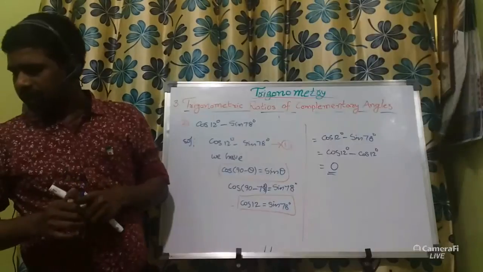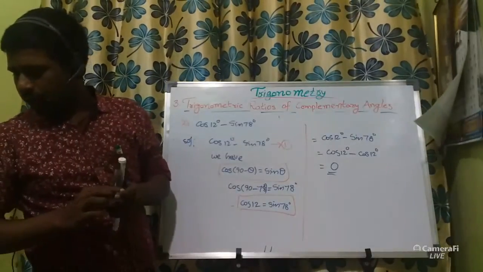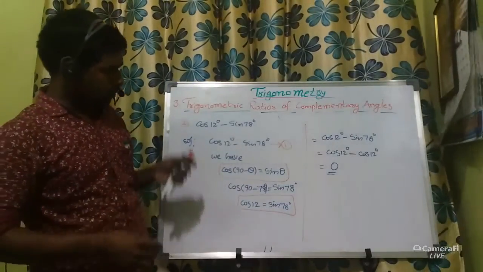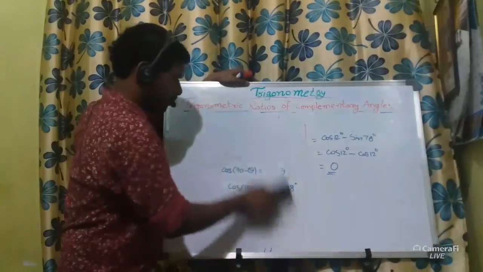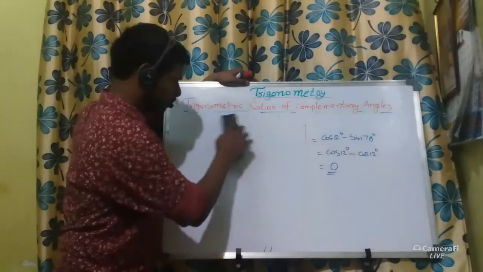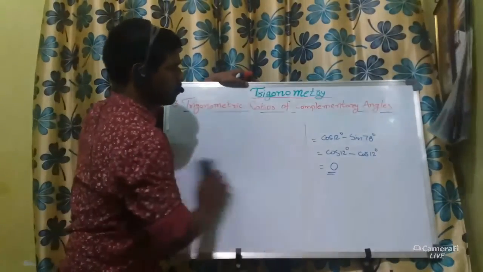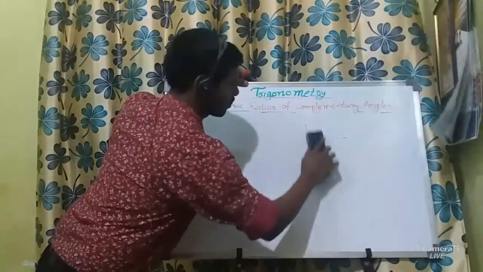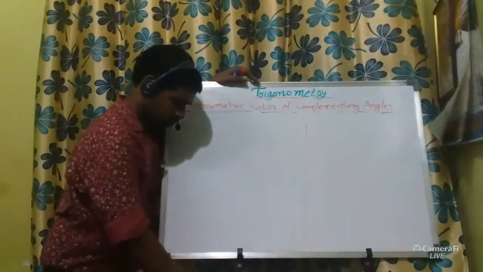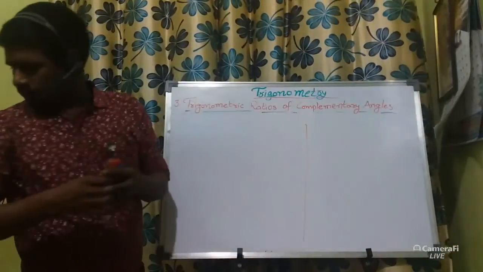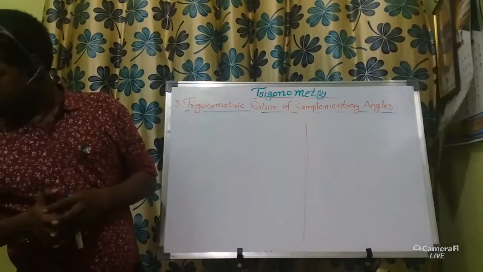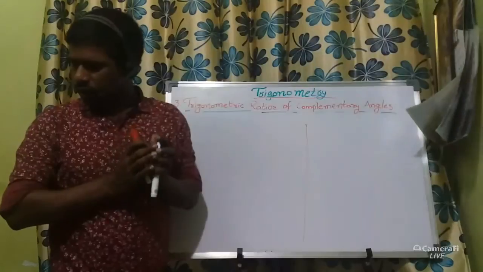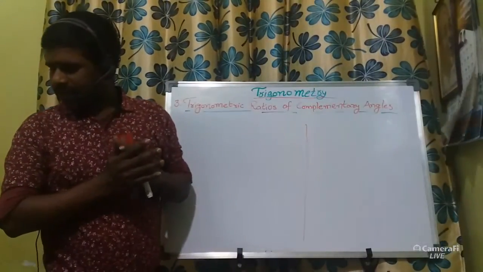So that was the second question. Next, third question. In question number 2, Roman numerals 1 to 6 are there.